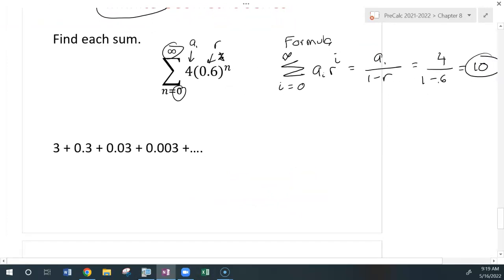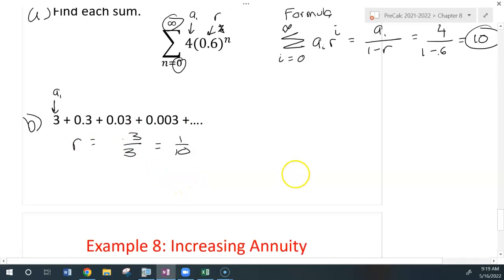Now look at this one. This is a different example. So think of this as A and B. These two are not related. We've got 3, 0.3, 0.03, 0.0003. And what do we need? We need the first term right there, and we need r. So r is going to be 0.3 over 3. I just take my first two terms, and I get 1 over 10.